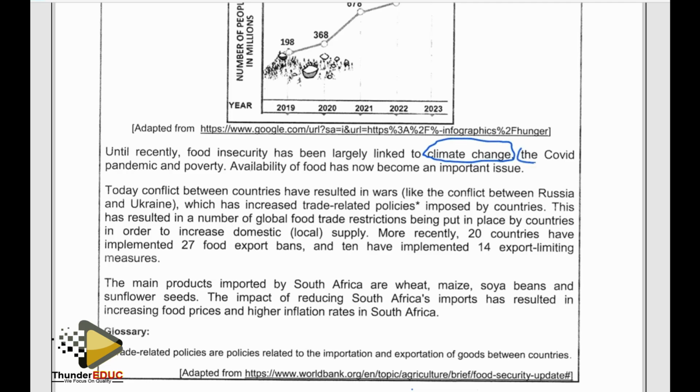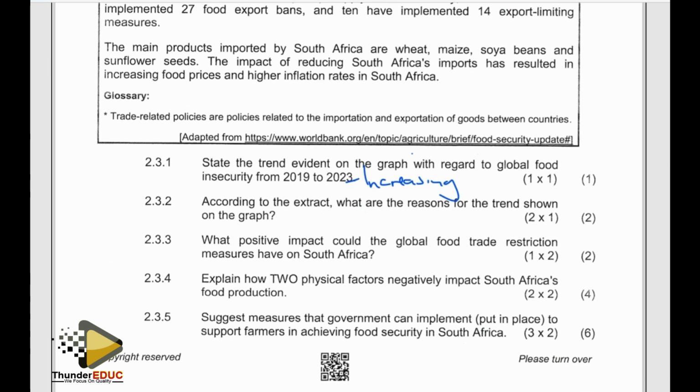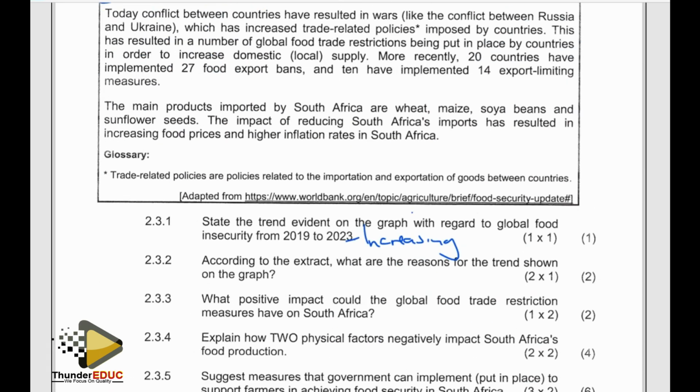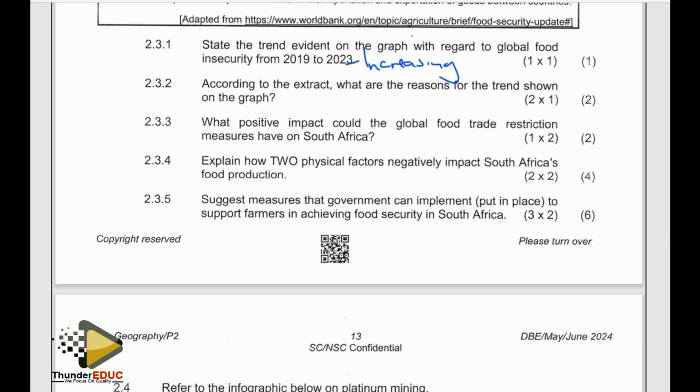The COVID pandemic is another factor which is leading to food insecurity, and lastly, poverty. Those are the three factors indicated there that are contributing towards food insecurity: climate change, the COVID pandemic, and lastly, poverty. Right, that is the response to 232.